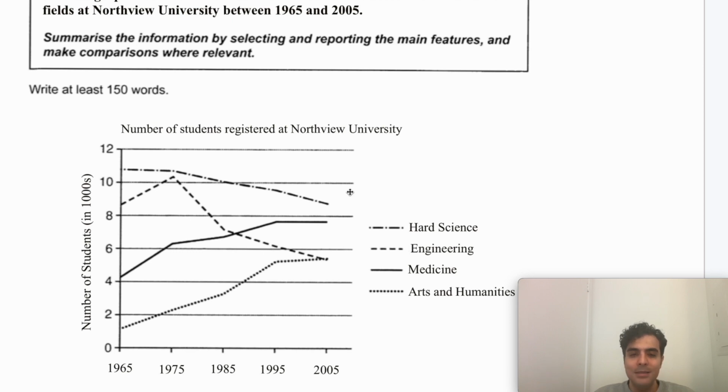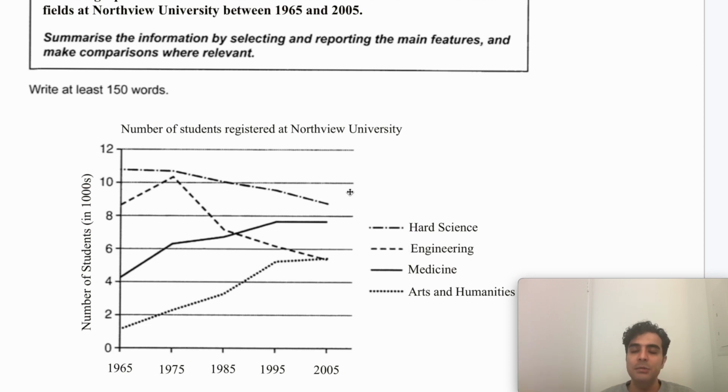At no point in this chart, in spite of the decline, do we have students from engineering, medicine, or arts and humanities exceeding or becoming greater in number compared to hard sciences. So hard sciences is always number one. That's important. That's a significant piece of information.